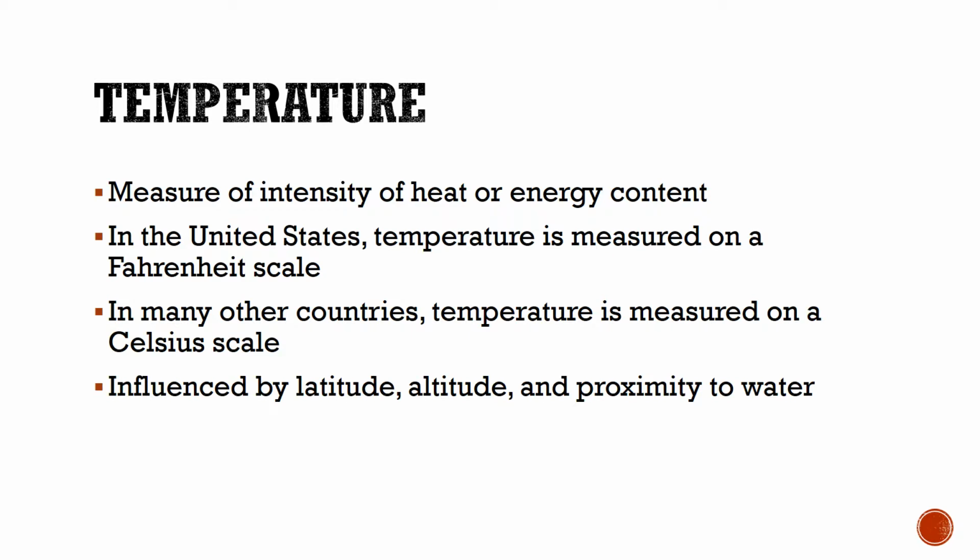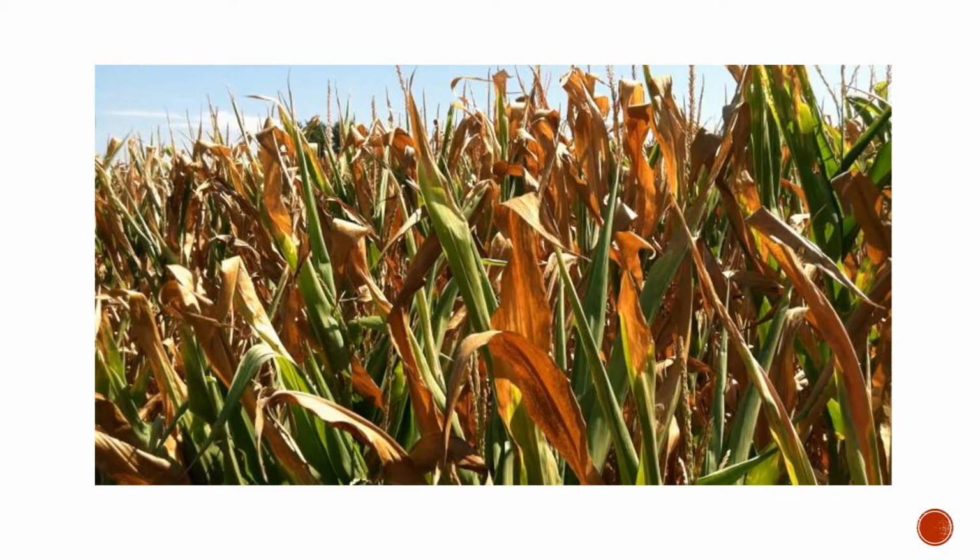And how do we see that? It's influenced by the altitude, the latitude, and how much water is given at any given time. So this is a picture of a corn plant that is temperature stressed. When we see this, the first thing that should come into that producer's mind is it's very stressed. We can see that plant is reaching for water, not reaching for sun, but reaching for water.